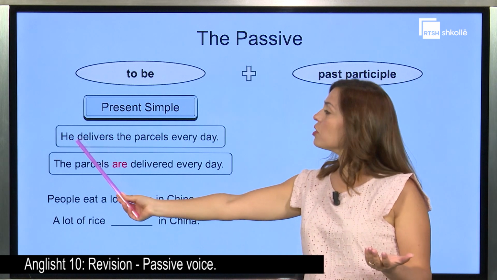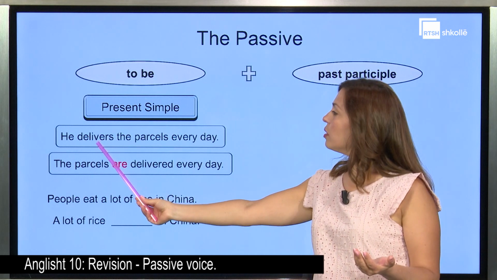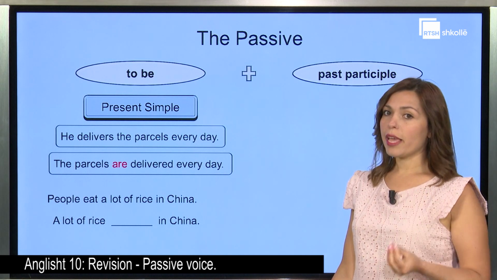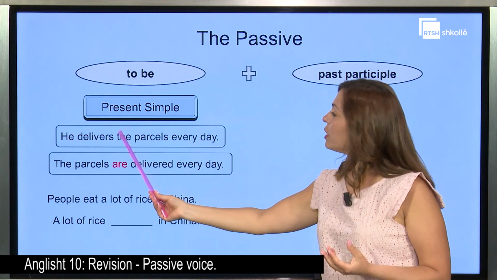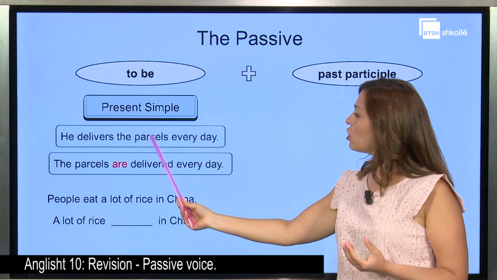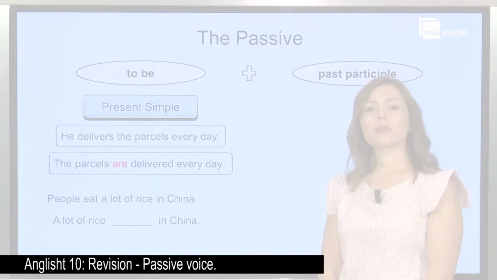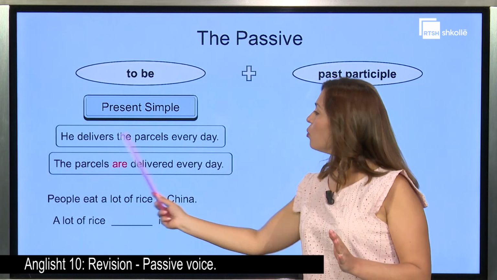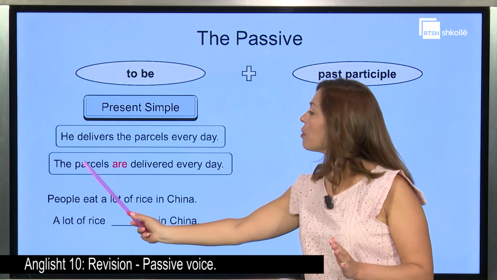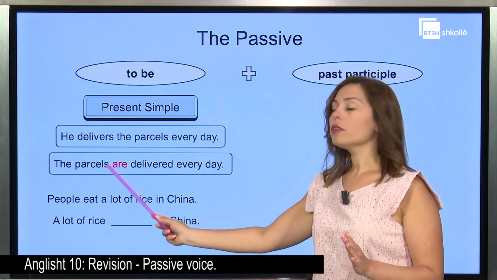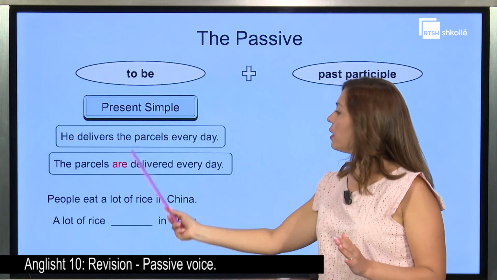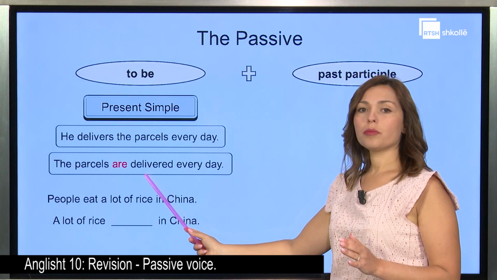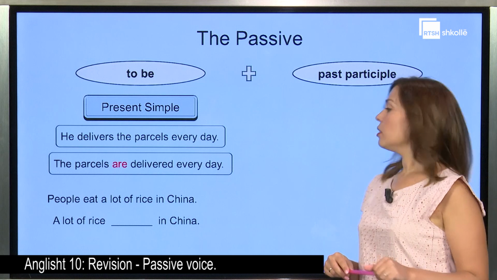We have the subject, the verb, and the object. In order to create a passive form, we take the object and this object becomes the subject. Let's see once again. Our object has become the subject, the parcels, are the verb to be in the present, and our past participle, delivered.